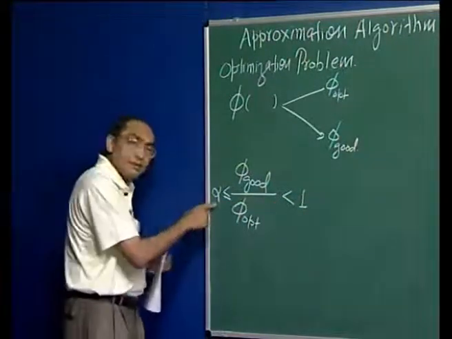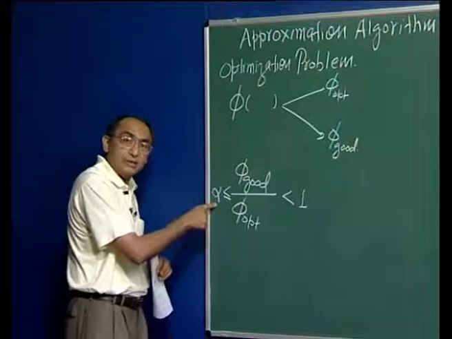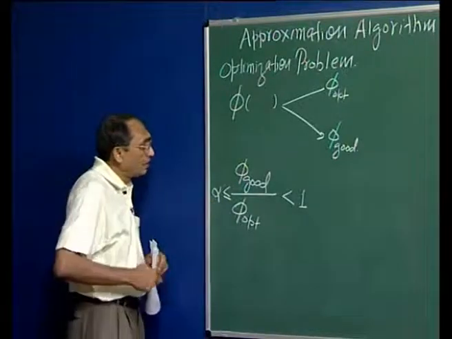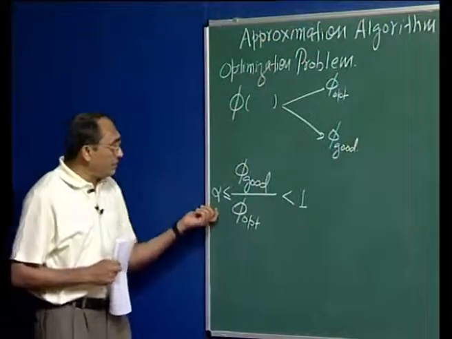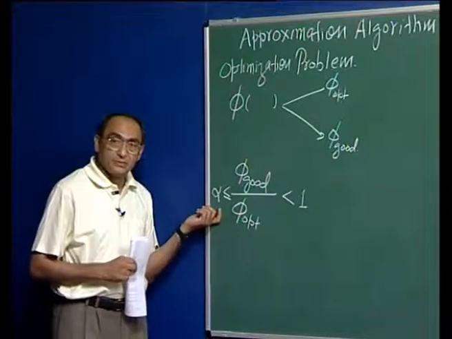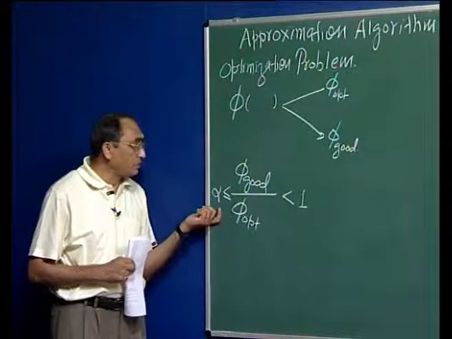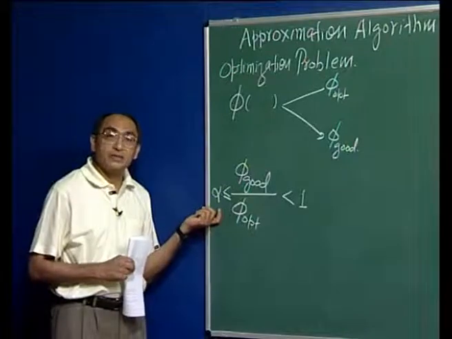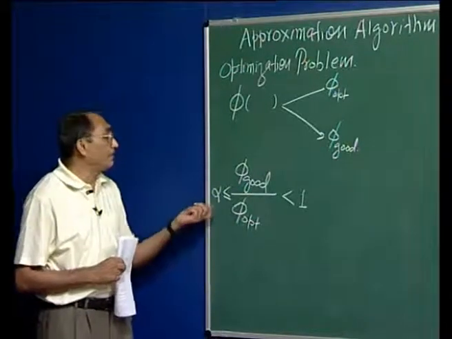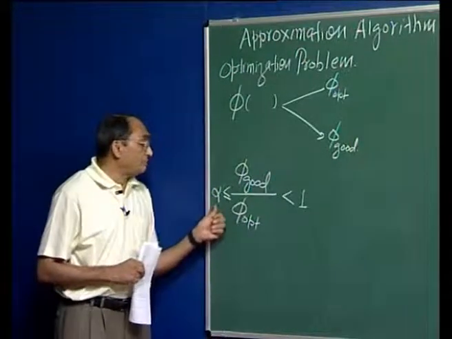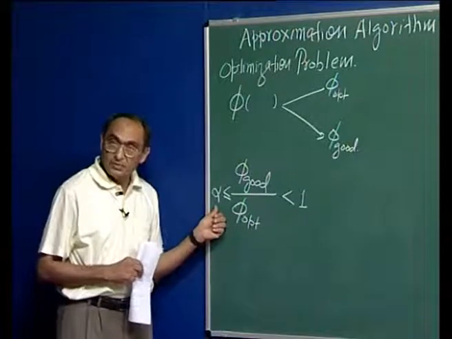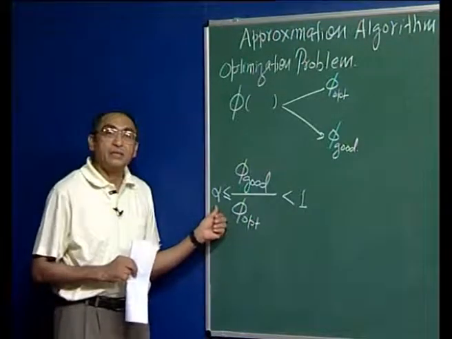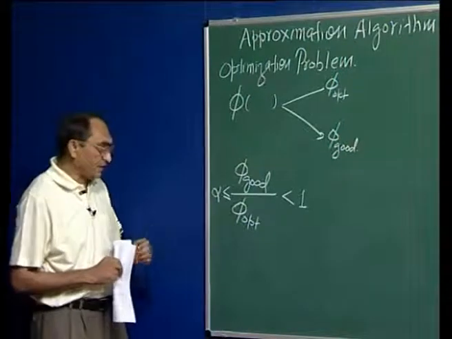Now, this alpha could be a constant or even a function of the parameters. Some cases we cannot do too well, then we have some function of parameters. For example, if we can give say 1/2, 3/4, 1/3, that kind of bound, that is fine.